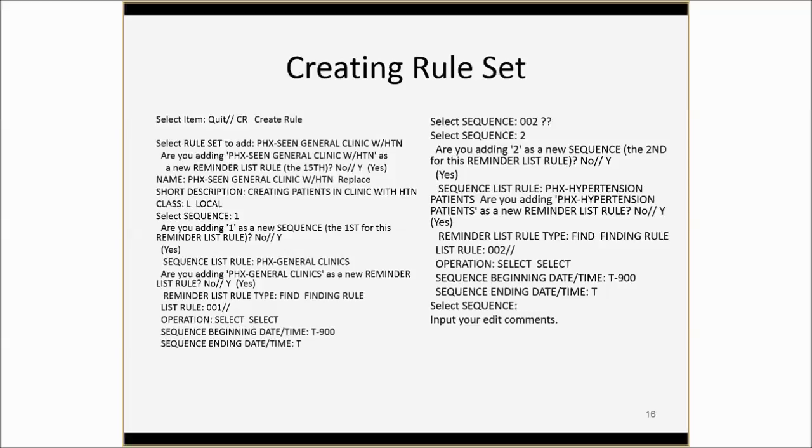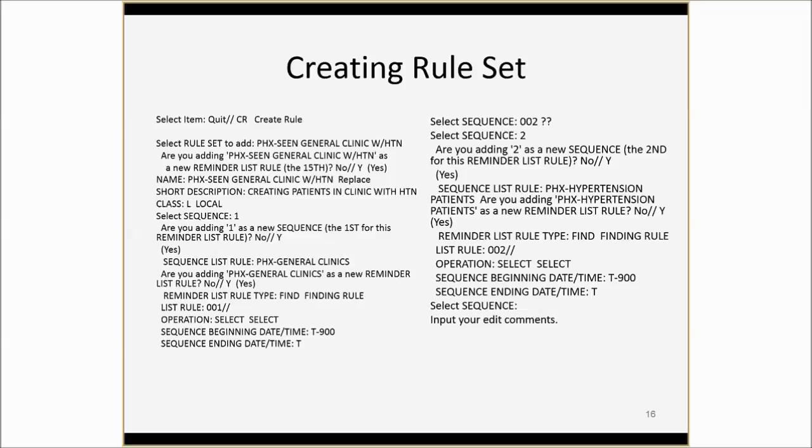My first rule is I want to see which patients in my general clinic are hypertensive, so which patients have been seen in my clinic between 900 days to today. That's the smallest amount of patients that I'm going to get. So that's my first sequence.